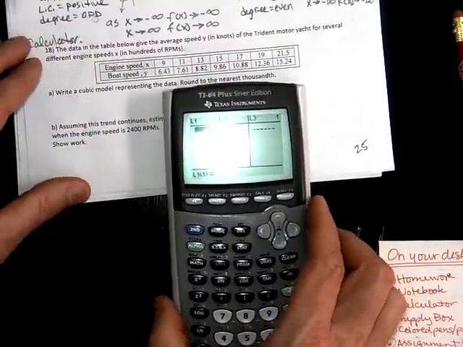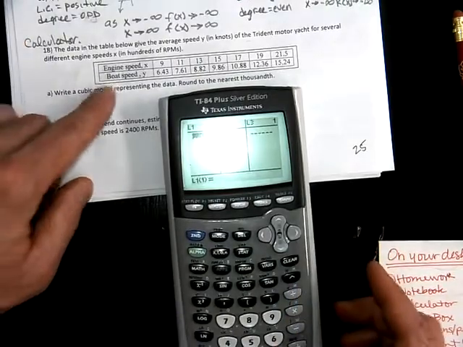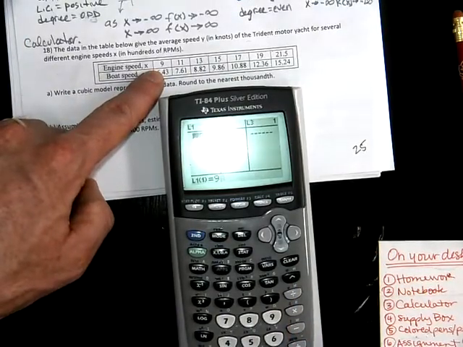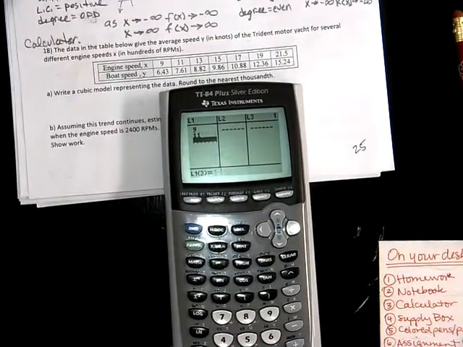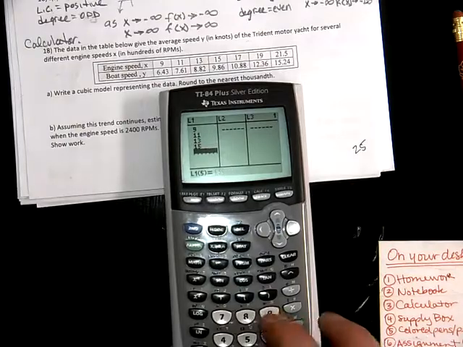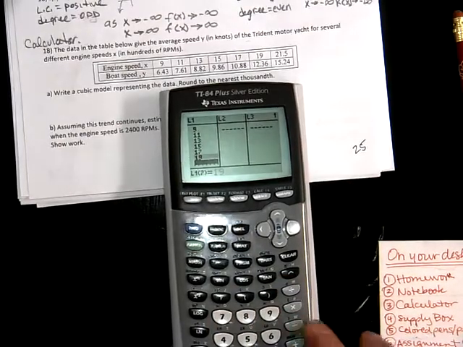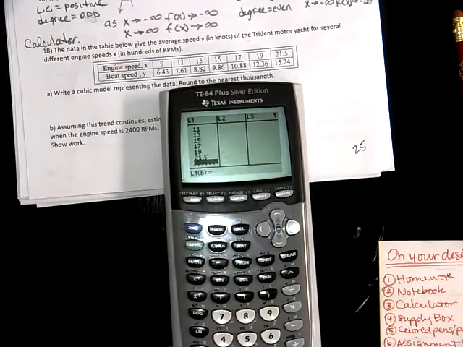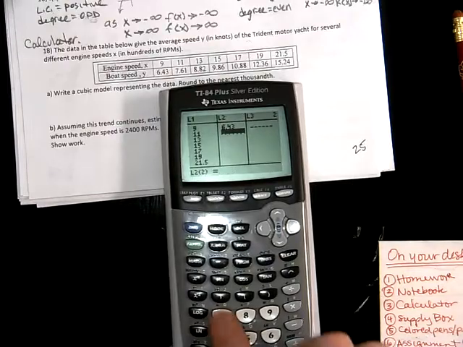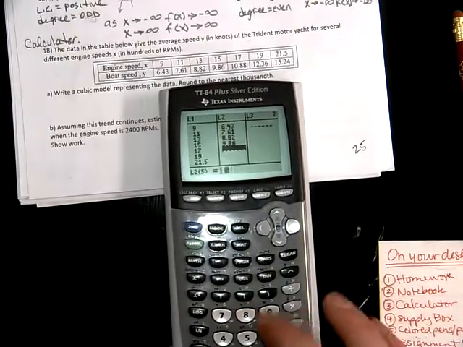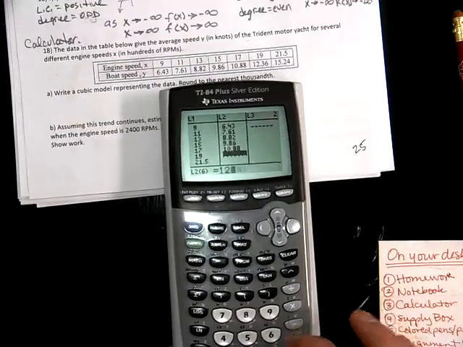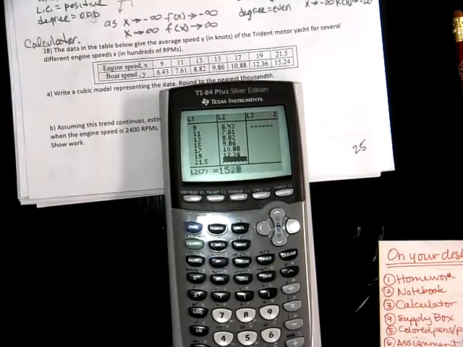So our x values are 9, 11, 13, 15, 17, 19, 21. Then 5, 6.43, 7.61, 8.82, 9.86, 10.88, 12.36, and 15.24.